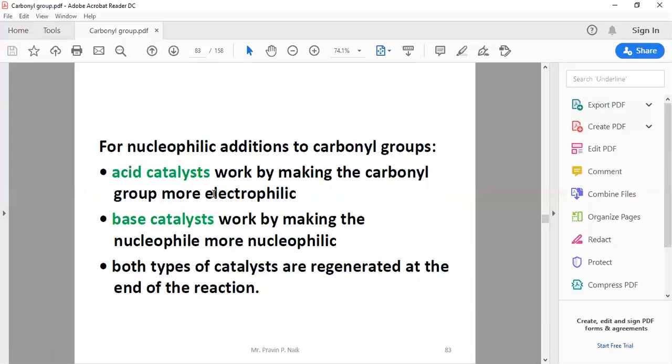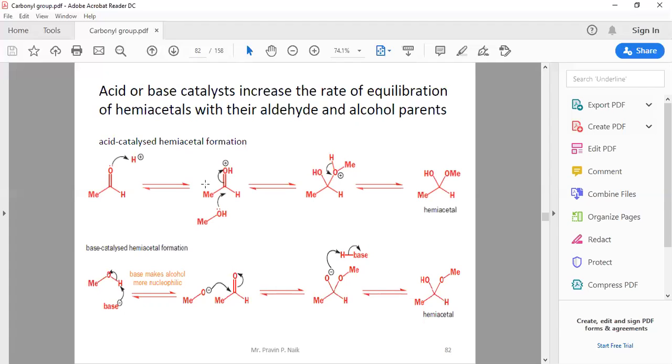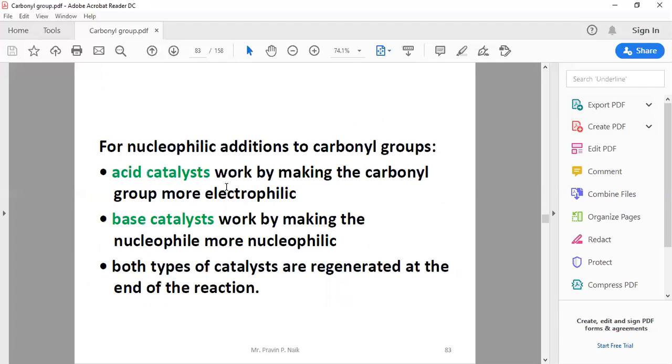So you can read it over here. For nucleophilic addition to carbonyl groups, an acid catalyst works by making the carbonyl group more electrophilic, so this carbon becomes more electrophilic, and a base catalyst works by making the nucleophile more nucleophilic.